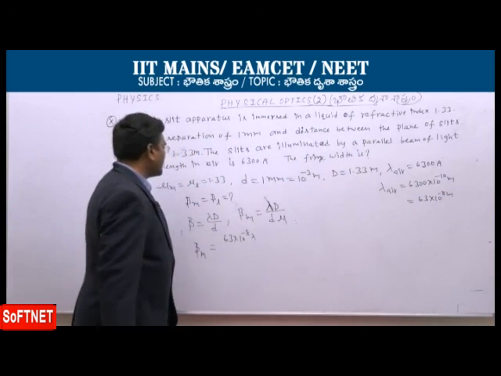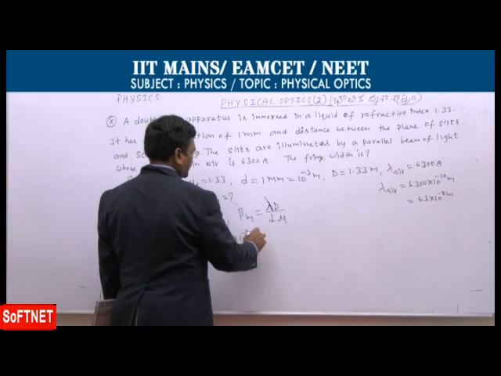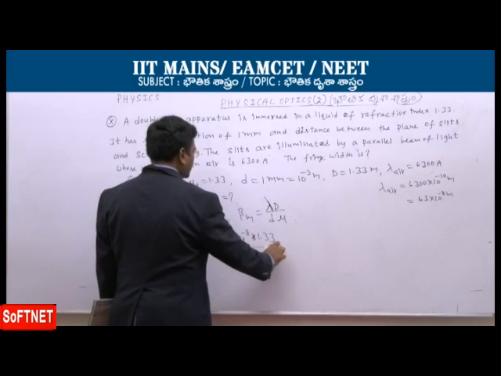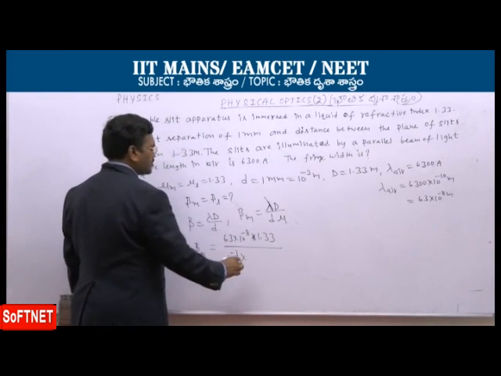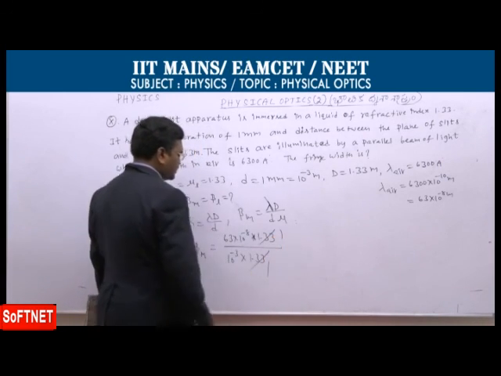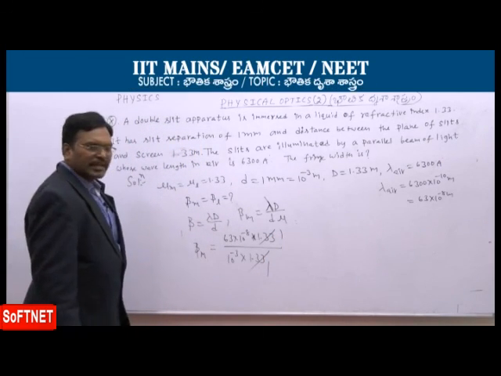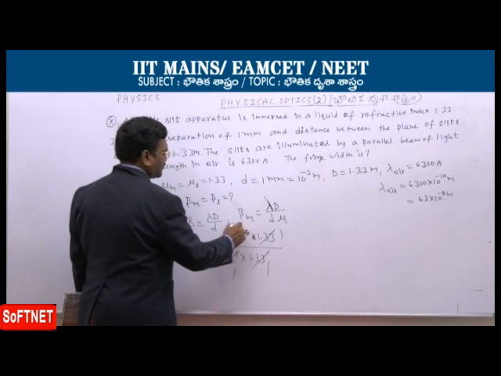Now capital D is how much? 1.33, divided by small d, how much? 10 to the power of minus 3. Here mu is how much? 1.33. So 1.33 gets cancelled. What are we getting now? Here 10 to the power of minus 3, 10 to the power of minus 5.